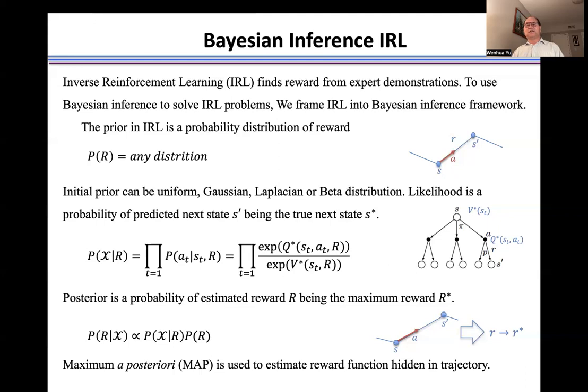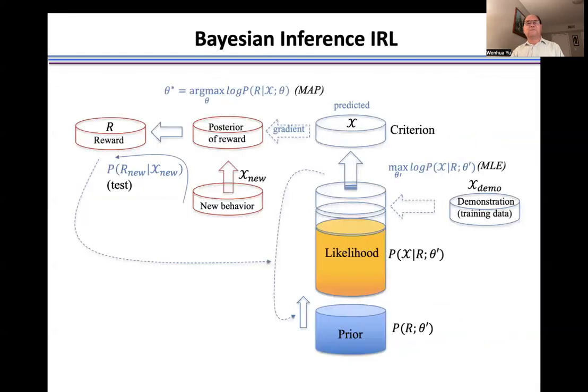Next, let's graphically explain the Bayesian inference inverse reinforcement learning. At the beginning, let's start from an initial prior and the initial reward function, together with the expert demonstration, that means training data. Use the maximum likelihood estimate to predict the trajectory.